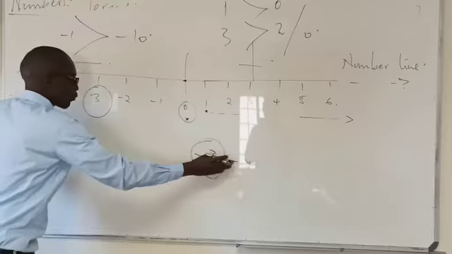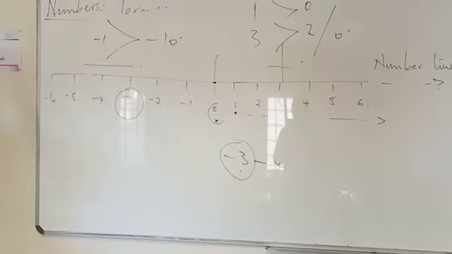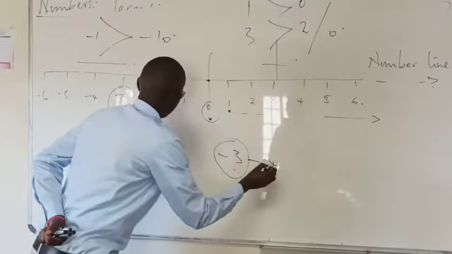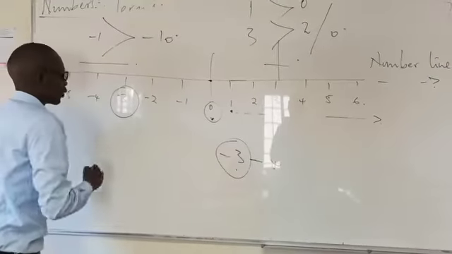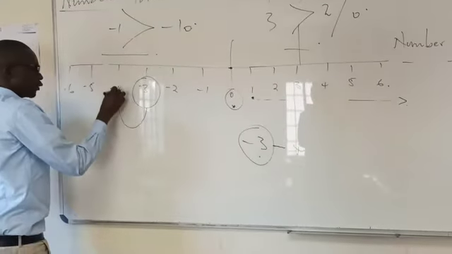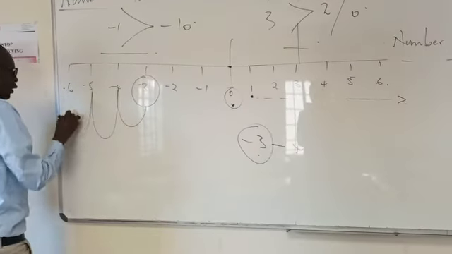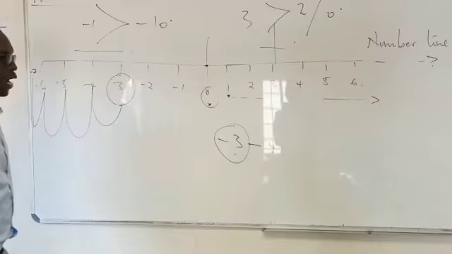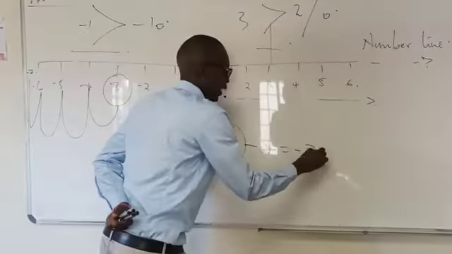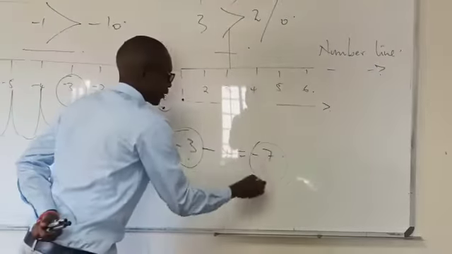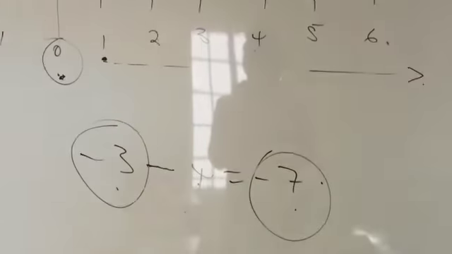But because I don't want to find any positive, I continue going to my left. Then they are saying minus 4, meaning I'm supposed to count 4 steps. 1, 2, 3, 4. Meaning your minus 7 will give you the answer. The answer will be a minus 7.